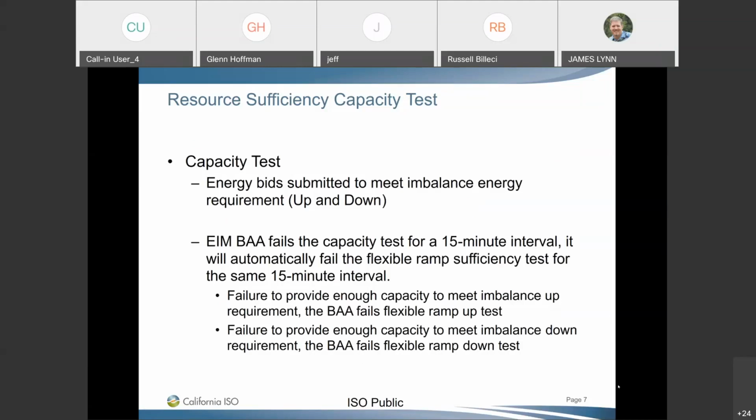Same with down. And what it does is it has ramifications on what we allow that balancing authority area to get energy or to provide energy.